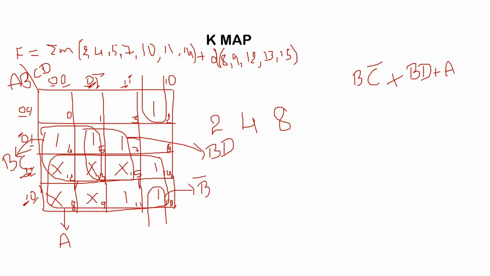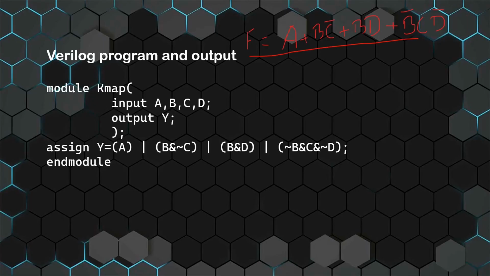C and D values are constant, 1 and 0 throughout this column, so C D bar. So F is equal to B C bar plus BD plus A plus B bar C D bar. This is the final minimized expression we got from the K-map.